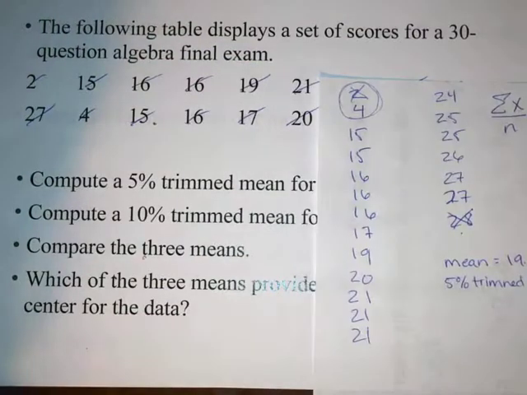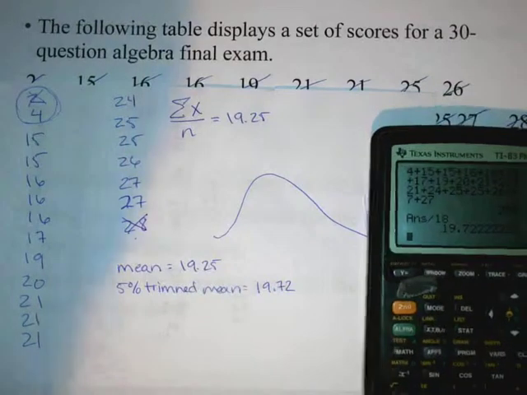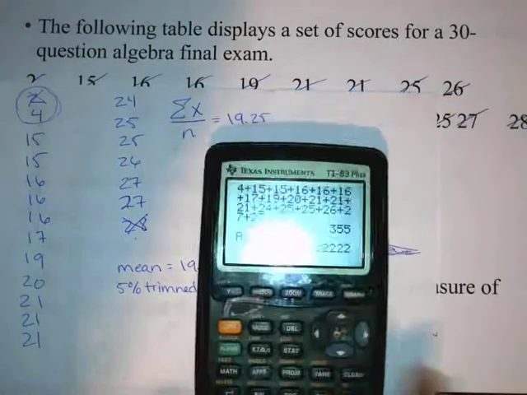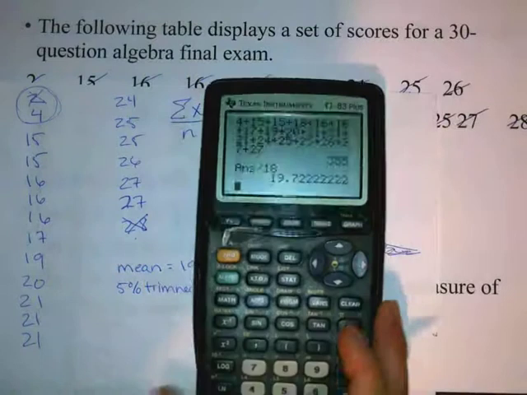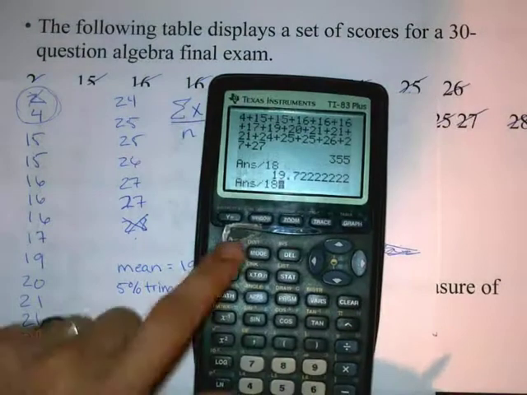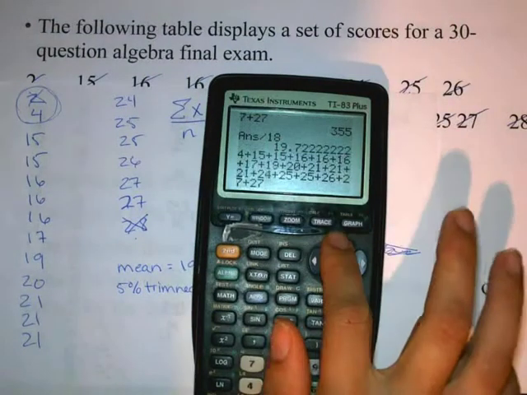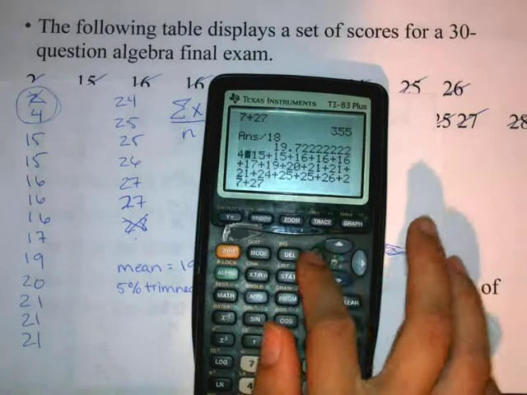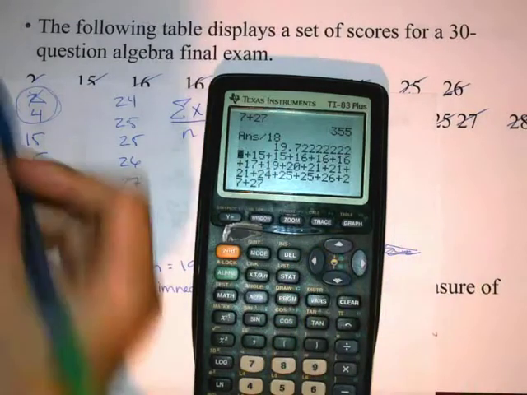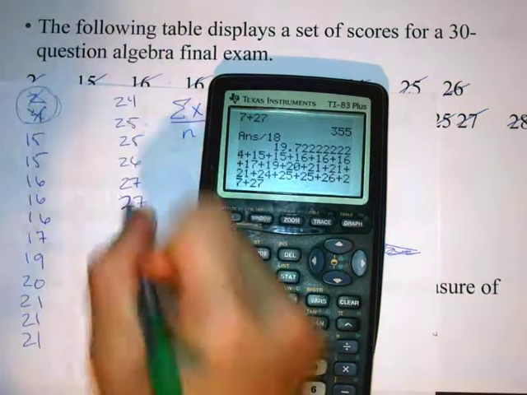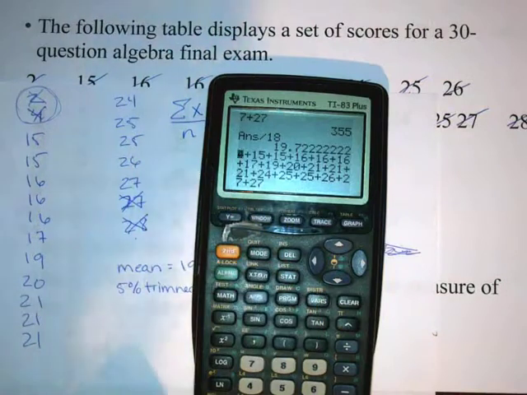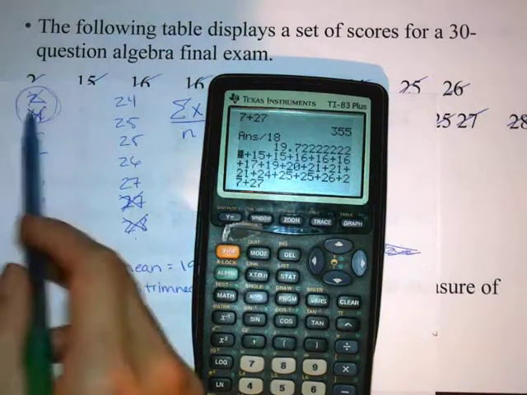And the last thing that we have is to compute the 10% trimmed mean. So let's do the same thing. I'll go second enter on my calculator a couple of times, and now I want to get rid of the first 2 data entries. So I'm not going to include the 4, and I'm not going to include the 27.